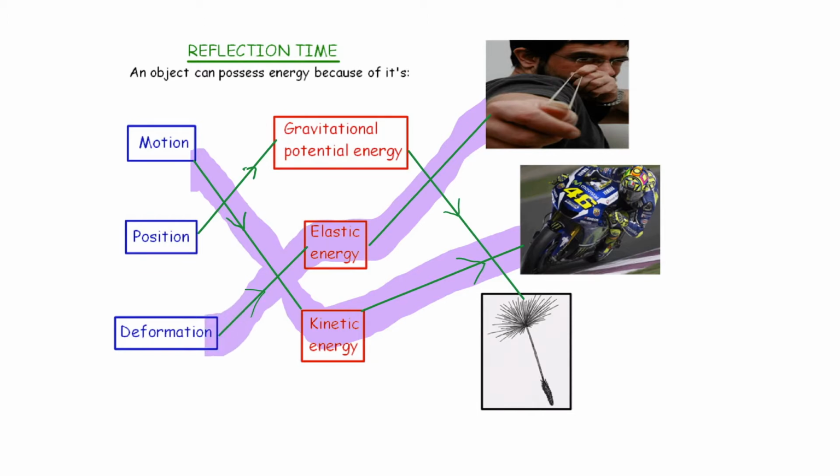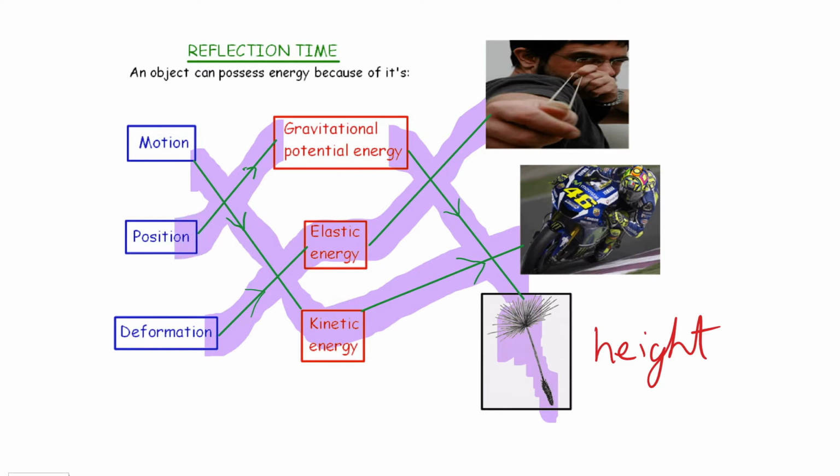So that leaves us with the dandelion seed, it looks like to me. Not so obvious. It's got height because it's moving through the air. So we say at height it's got gravitational potential energy, so it's to do with its position, its height.